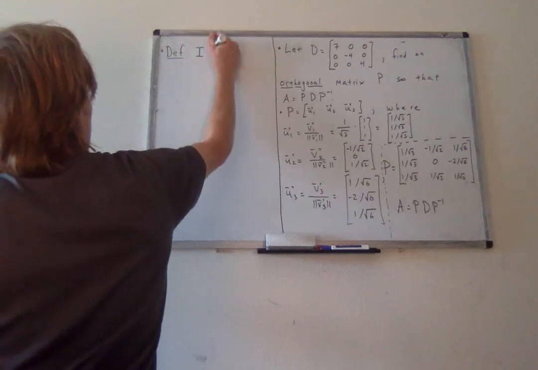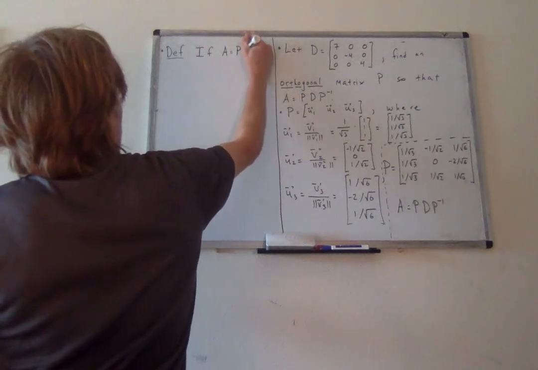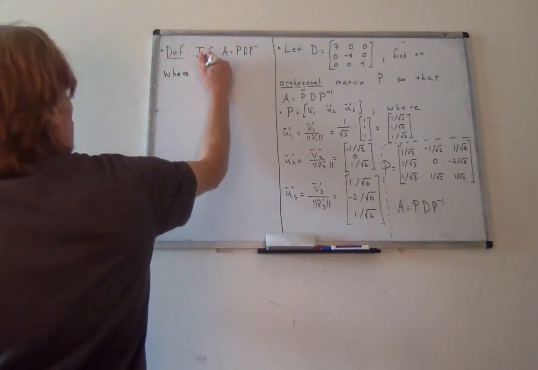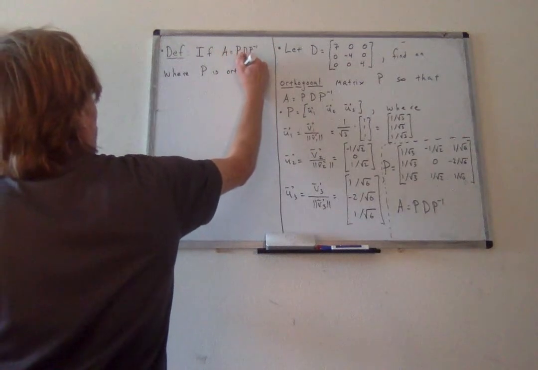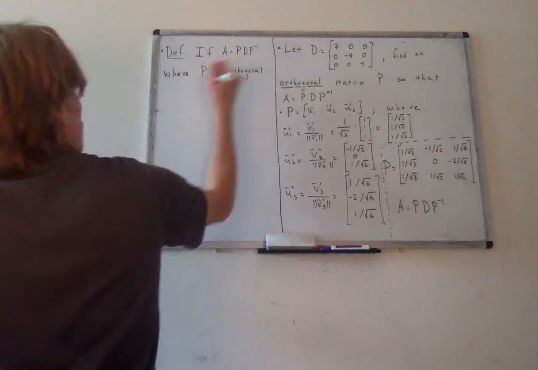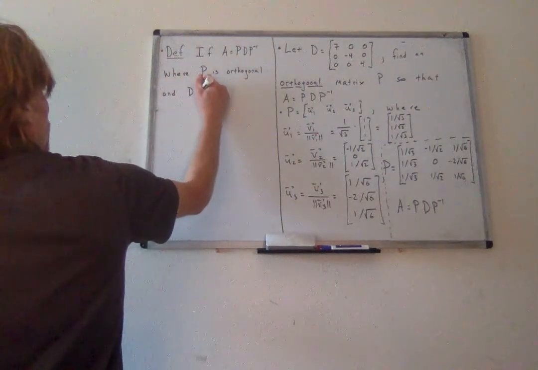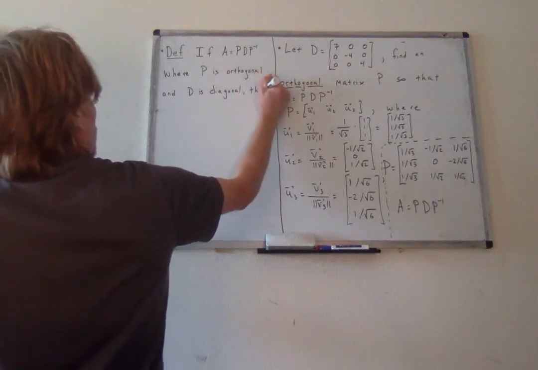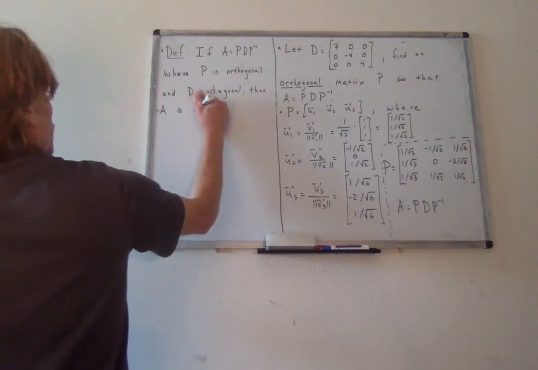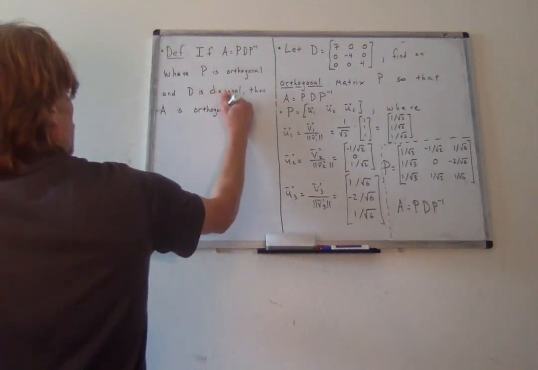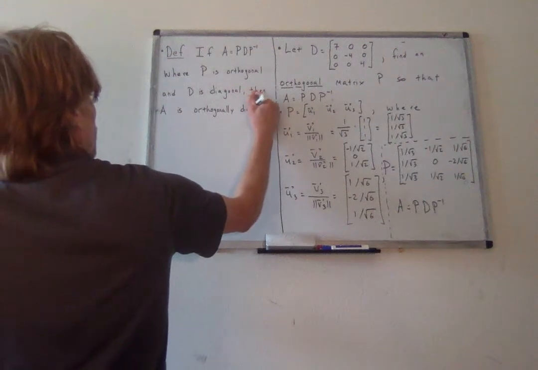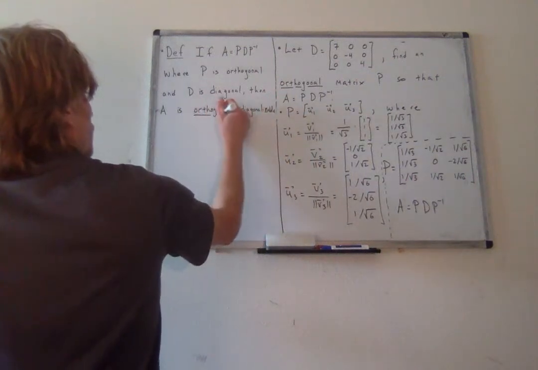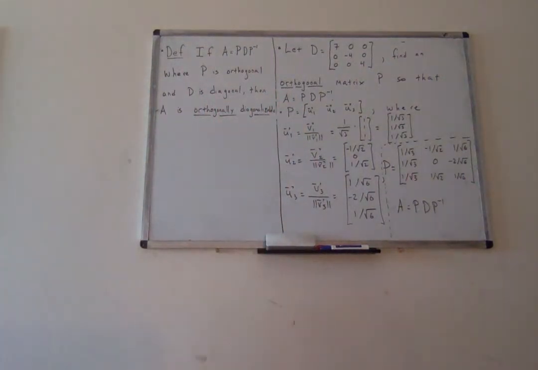So if A is equal to P times D times P inverse, where P is orthogonal, and remember, orthogonal means square with orthonormal columns, and D is diagonal, then A is orthogonally diagonalizable.